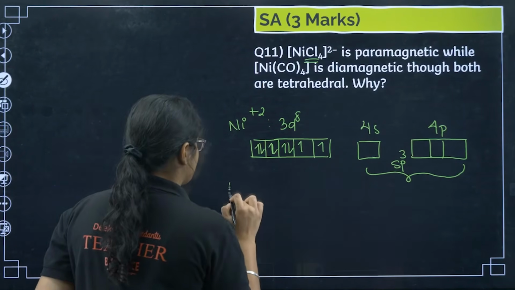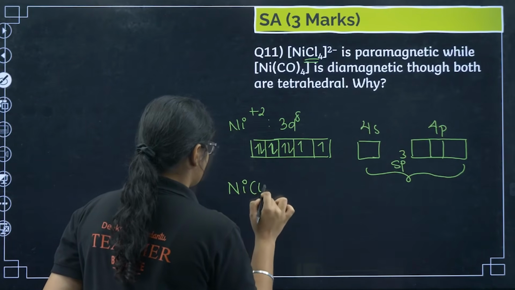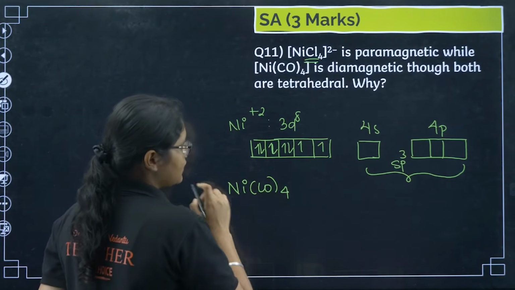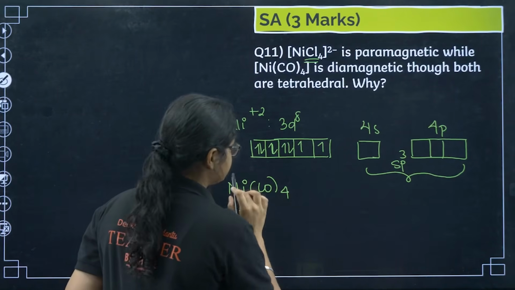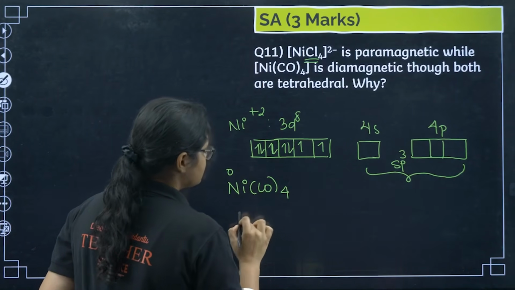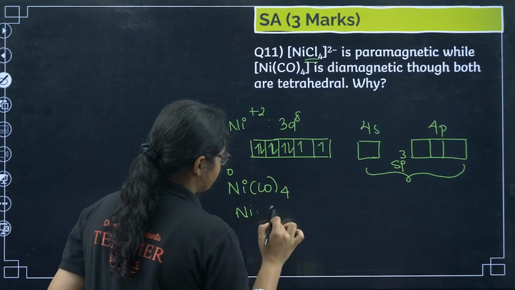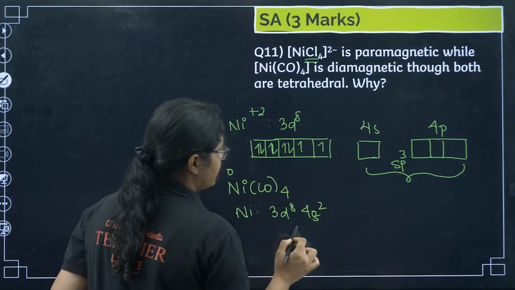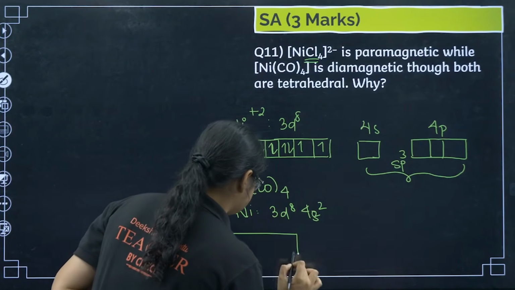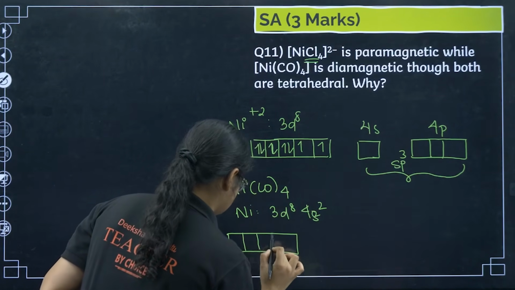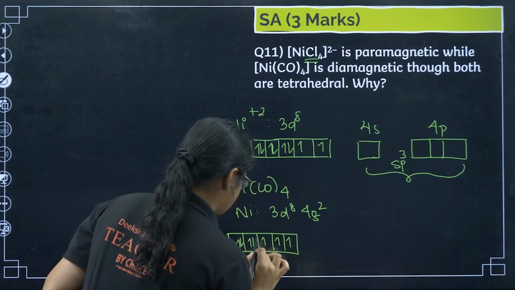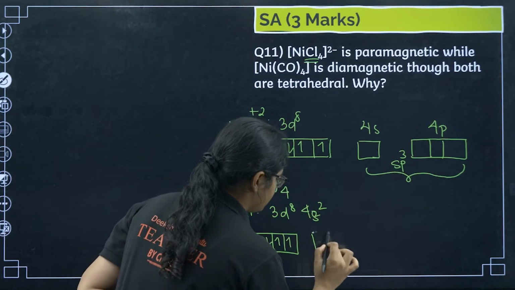Now what is the case of Ni(CO)4? Here the nickel charge is 0. So what is the electronic configuration? 3d8 and 4s2, right? So 3d8 is there, 6, 7 and 8, and we have 4s2 electrons.